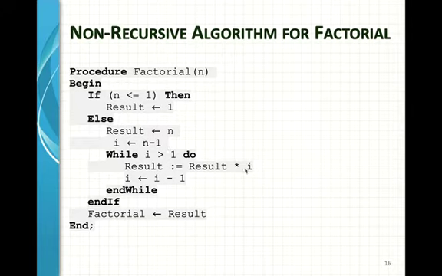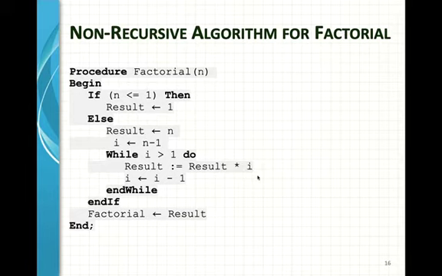So 5 into 4, that is 20, will reside in result, and i is then reduced by 1. Then again, here is our loop, and 20 will be multiplied with the i value, that is now 3.